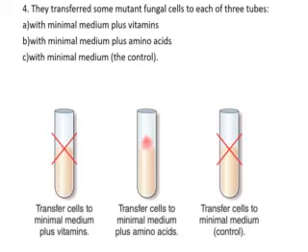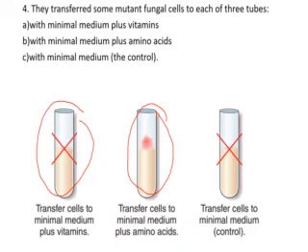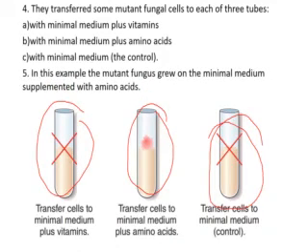There is a tube with minimal medium plus vitamins, a tube with minimal medium with amino acids, and a tube with only minimal medium without any other supplements. So what do you observe here? The mutant fungus will grow on the minimal medium supplemented with amino acids.